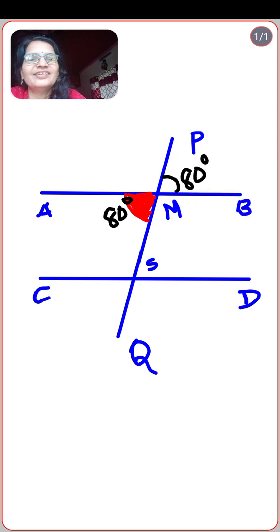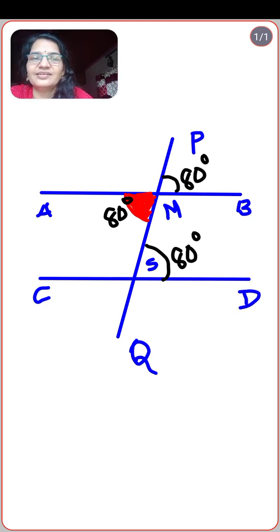The reason is this is the opposite angle of this 80 degree angle, isn't it? Yes. Now another 80 degree angle. Yes, this one. Why is it 80 degree? Can you say the reason? Yes, there are 2 reasons.